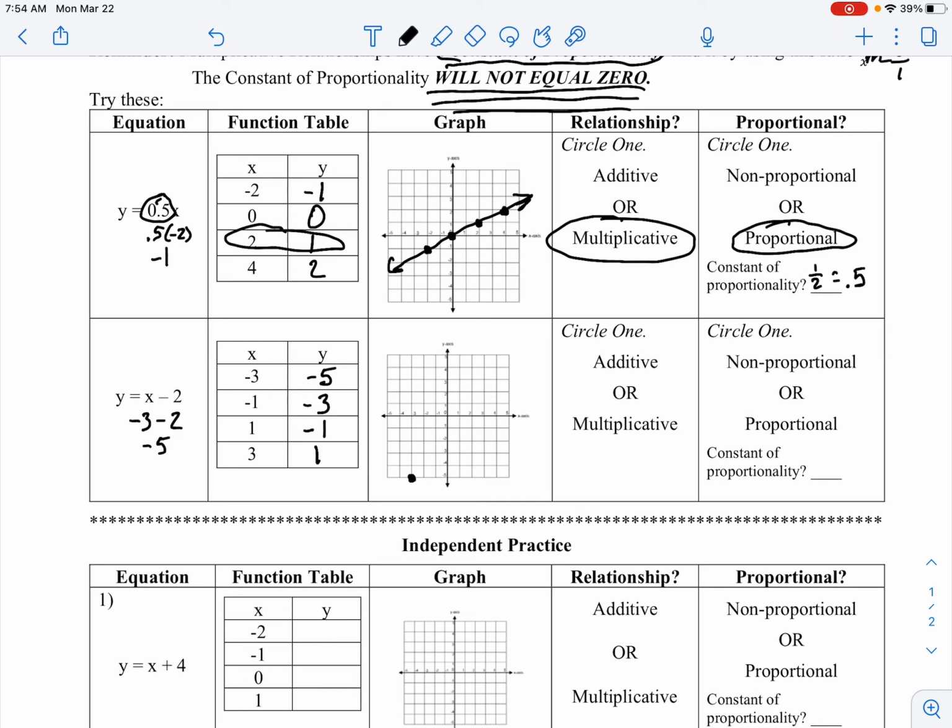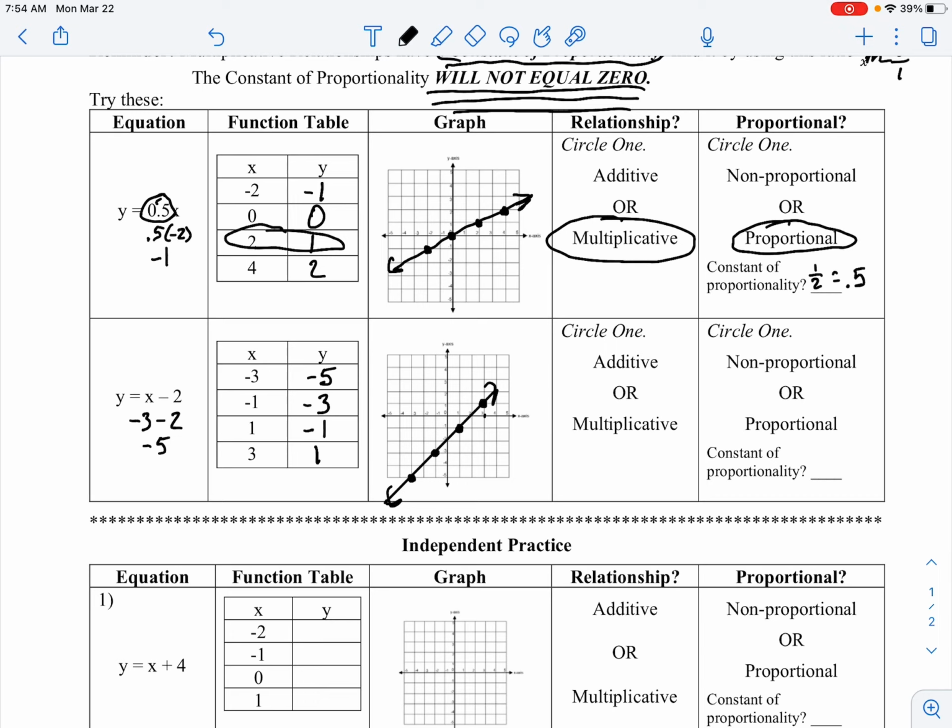I went to -2. I thought something was wrong when I looked at that, so let's try that again. -1, -3, that's looking more like it. 1 comma -1, there we go, now it's looking better. And 3 comma 1. All right, so we're going to draw our straight line through. Oh, straighten it out for me, look at that.